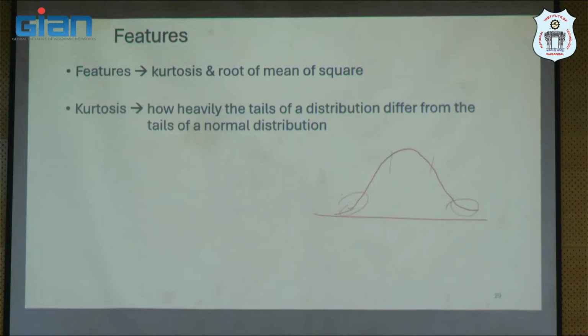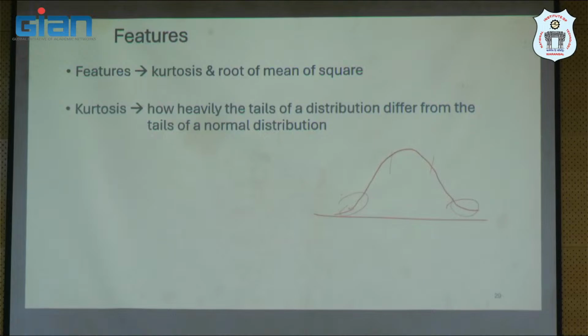Compared to a normal distribution, how does your data's distribution look in the tailing portion of the data set? How heavily the tails of your data distribution differ from the tails of a normal distribution is what we call kurtosis.